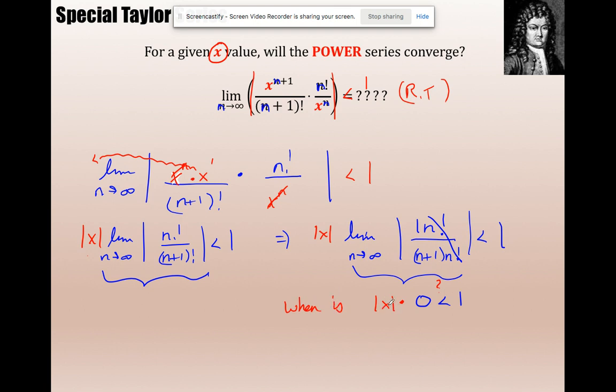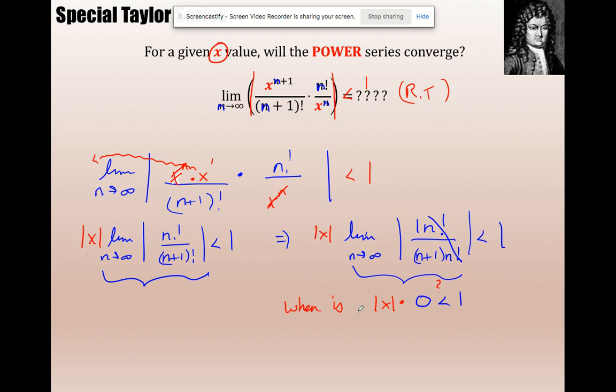When is the absolute value of any number times 0 less than 1? Any number, okay? So let me see. How about 0? Is the absolute value of 0 times 0 less than 1? Yes. How about 10? Is the absolute value of 10 times 0 less than 1? Yes. How about 3? Yes. How about negative 30? Is the absolute value of negative 30, which is 30, times 0 less than 1?